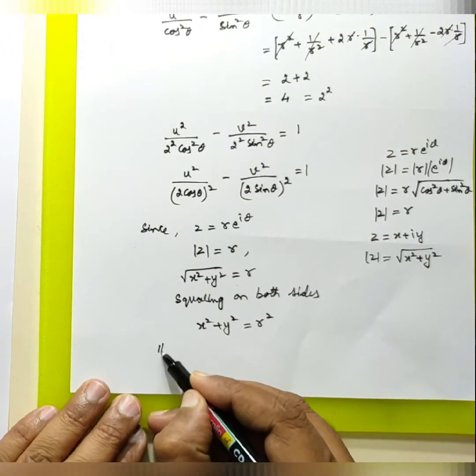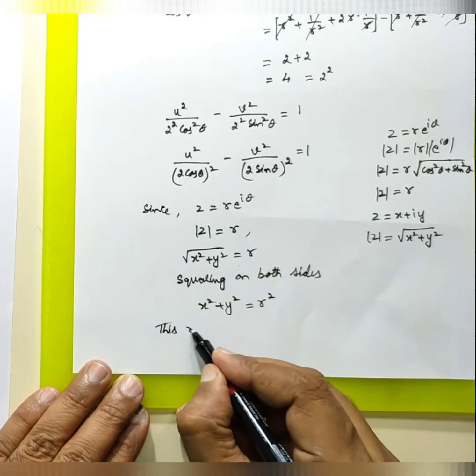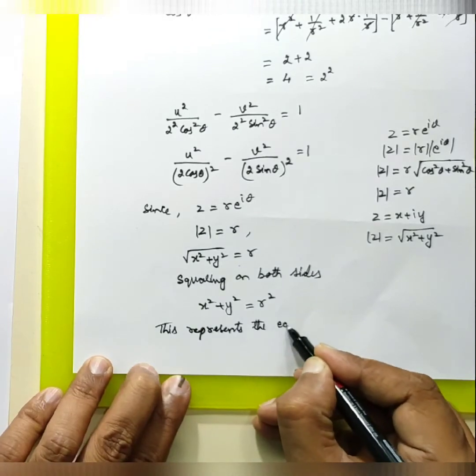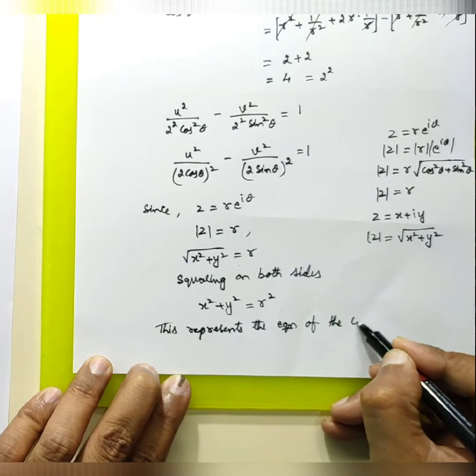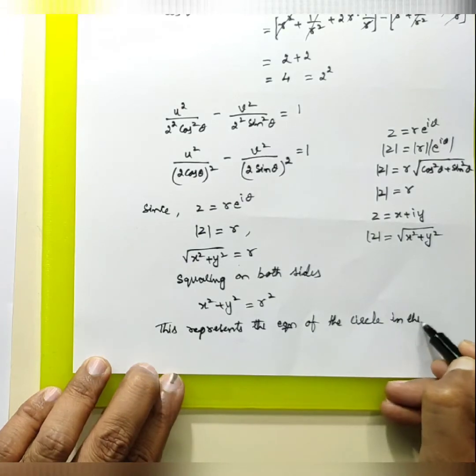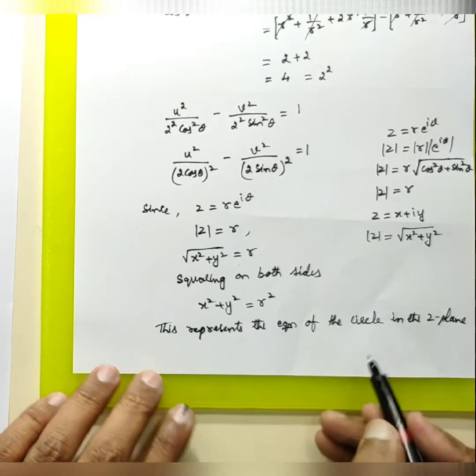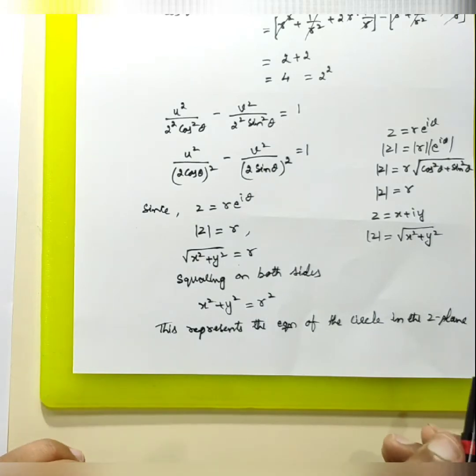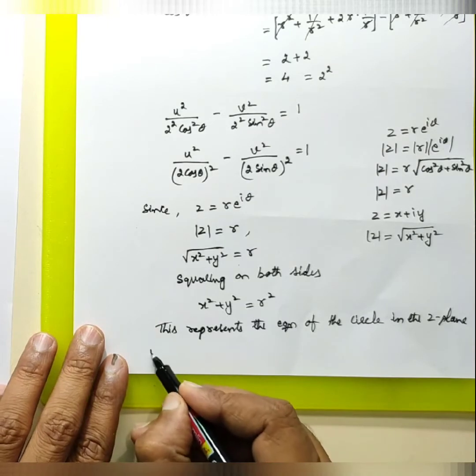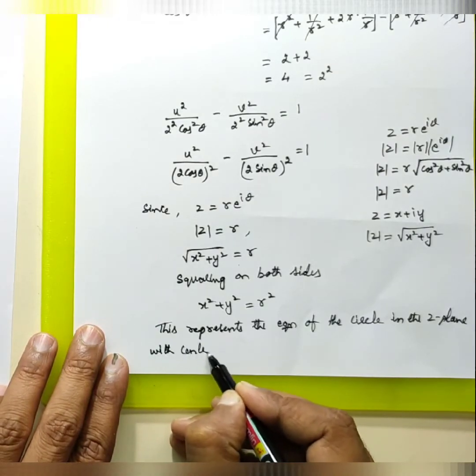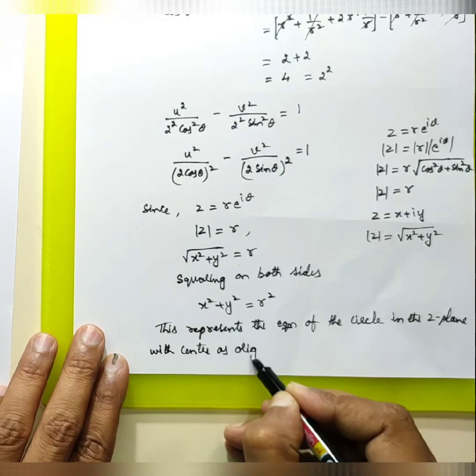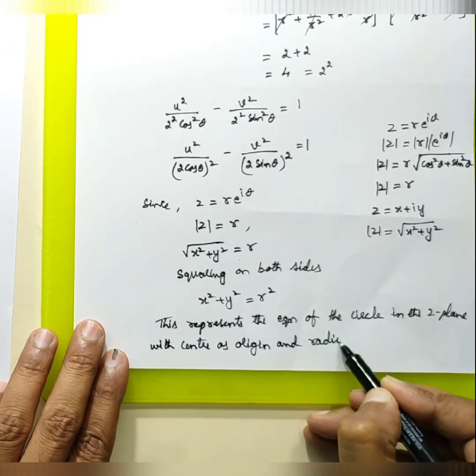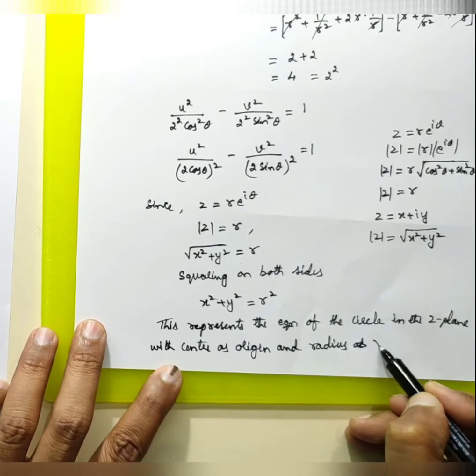Let me first write down: this represents the equation of the circle in the z plane, with center as origin and radius r.